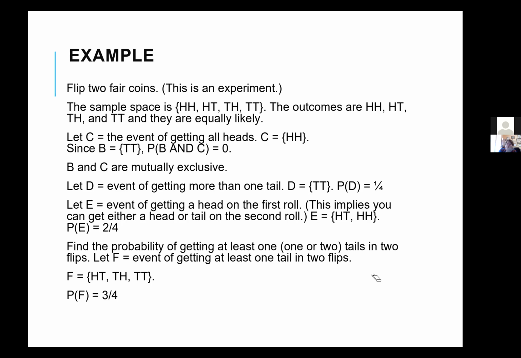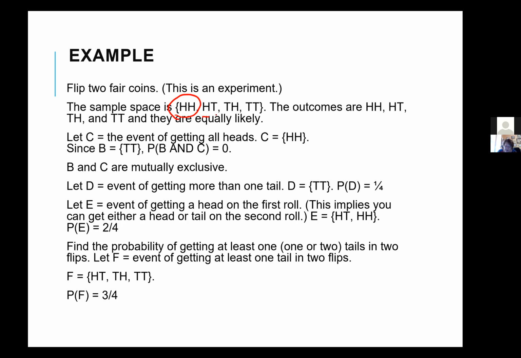Okay, so let's let D be the event of getting more than 1 tail. If I get more than 1 tail, that means I get 2 tails. So the probability of D is 1 out of 4, because there's only one outcome out of the 4 where I get 2 tails. If E is the event of getting a head on the first flip, which sample outcomes in my sample space give a head on the first flip?